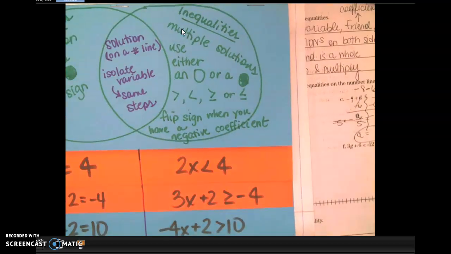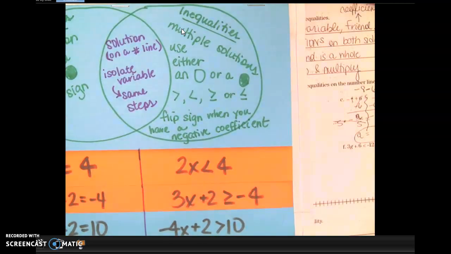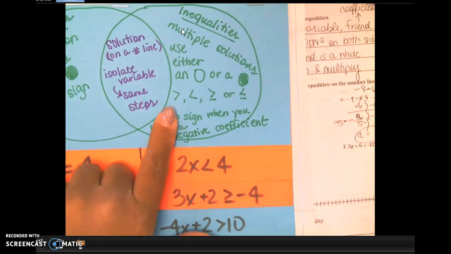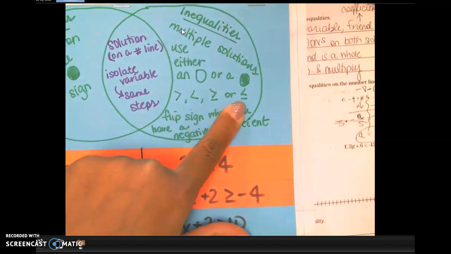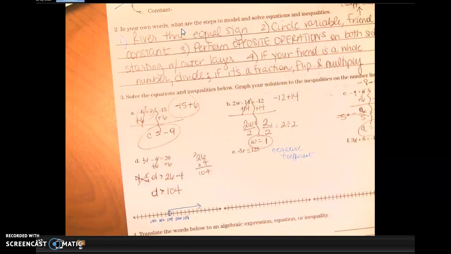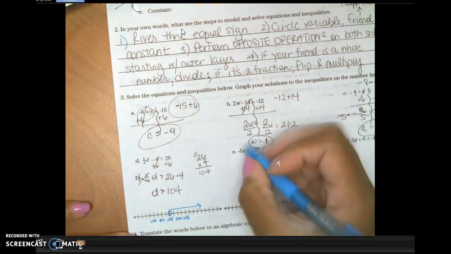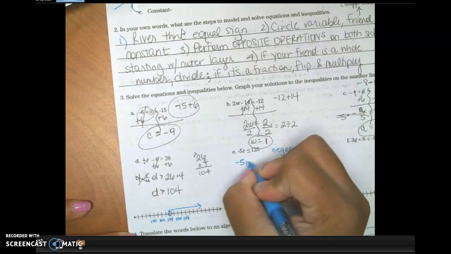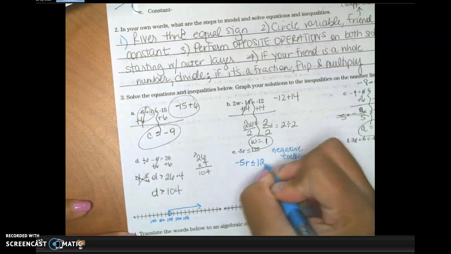Oh, negative coefficient. No. Flip what? What sign? Inequality sign. Your inequality sign. Thank you. So, this is negative 5R is less than or equal to 125.